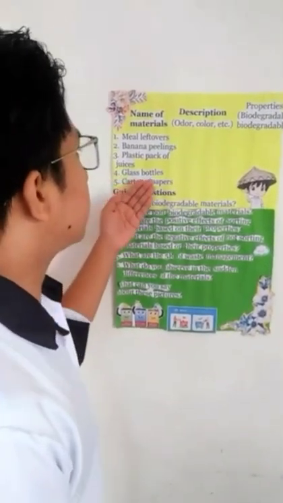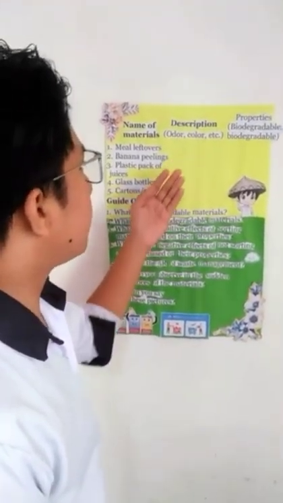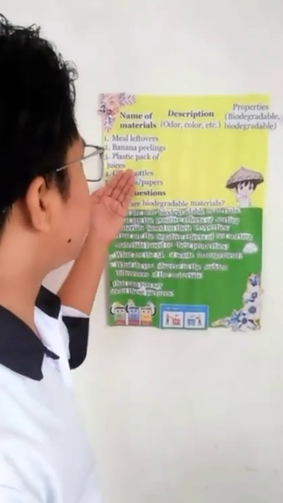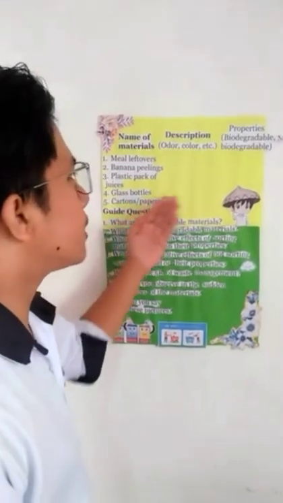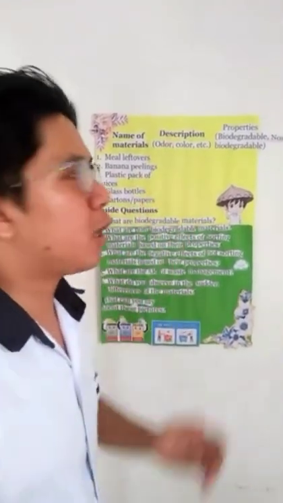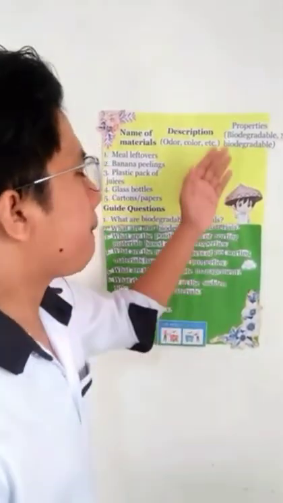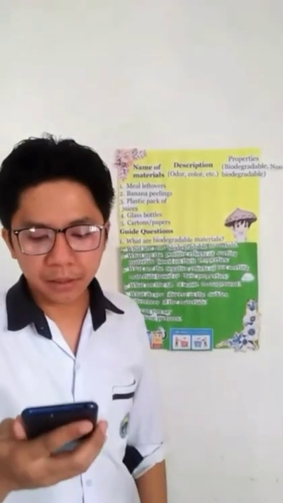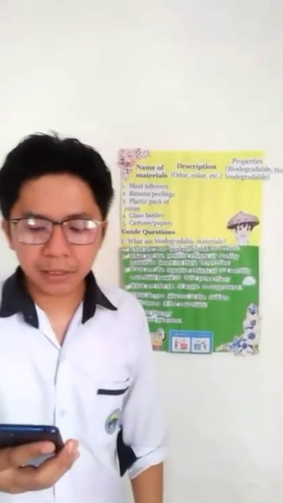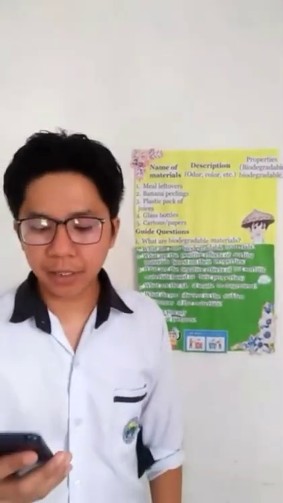Glass bottle: same description as the plastic pack of juices, non-biodegradable. Cartons and papers: changes in appearance, biodegradable.